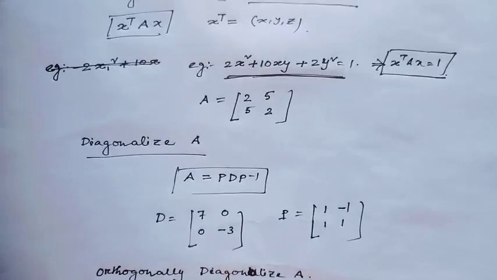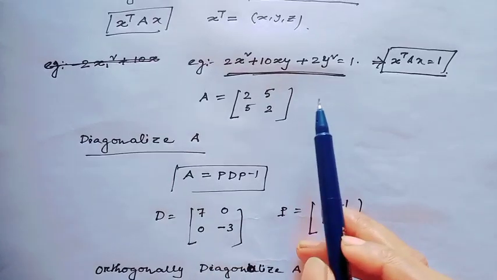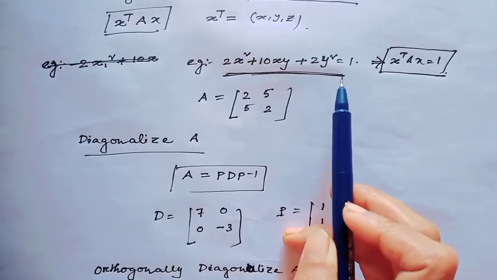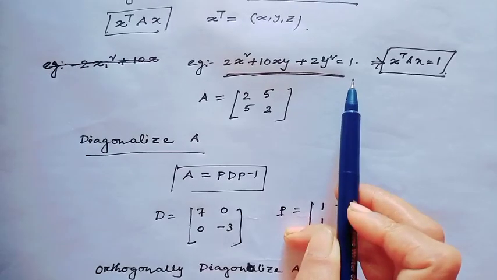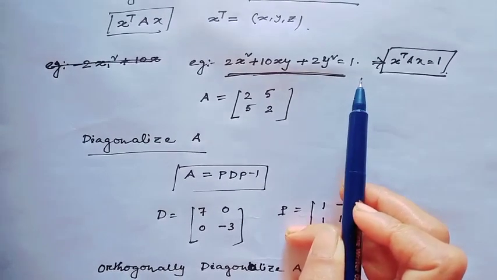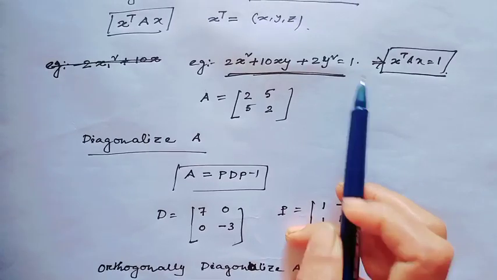Now let's come back to our original question. Here we have to find, by the principal axis theorem, what the conic would be. Here I will use this concept, the principal axis theorem.